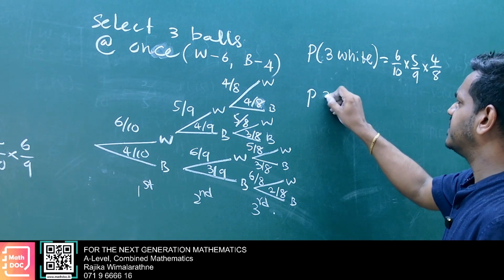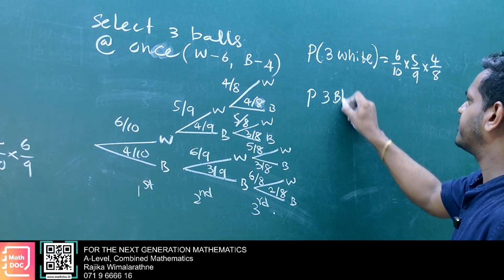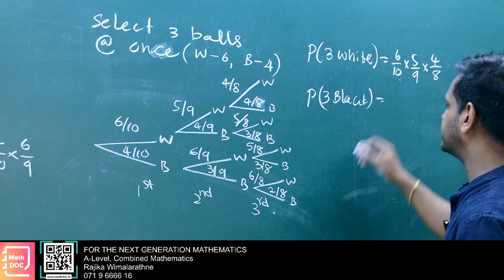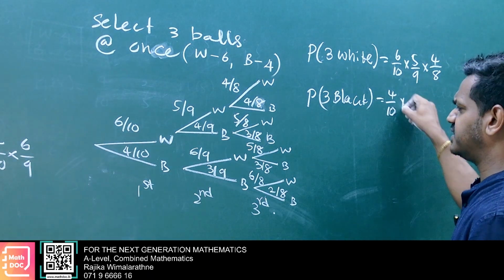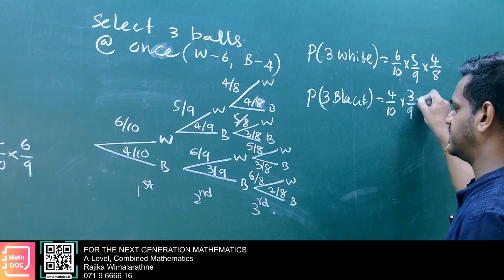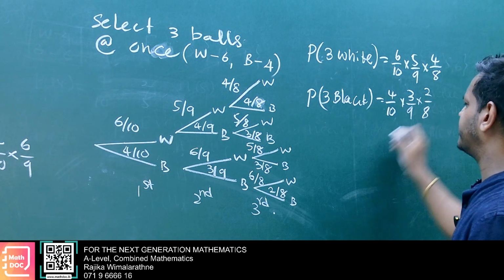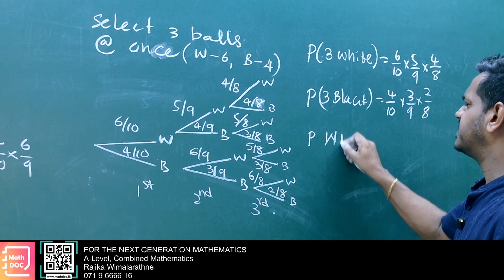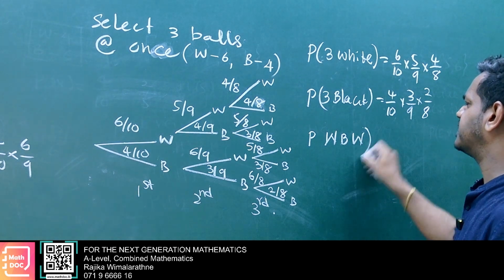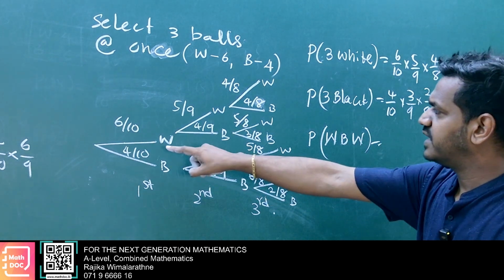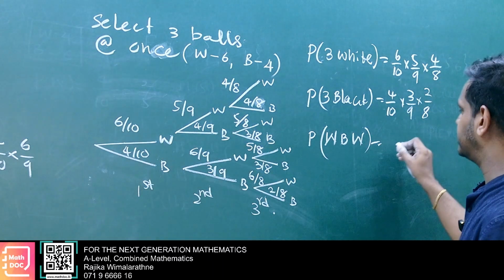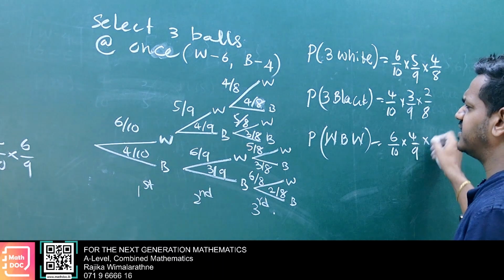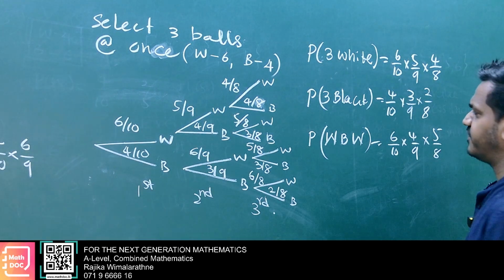P, 3 black: go along this path, 4 over 10, 3 over 9, 2 over 8. White, black, white. Here white, black, white: 6 over 10, 4 over 9, 5 over 8.